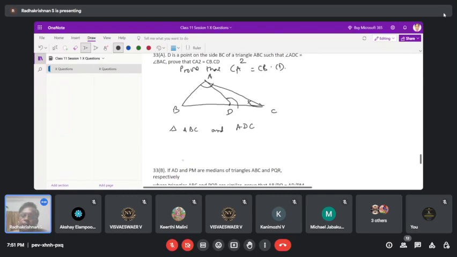Are they similar? In both the triangles, angle A in one triangle is equal to angle D in the other, and in both triangles angle C is common.